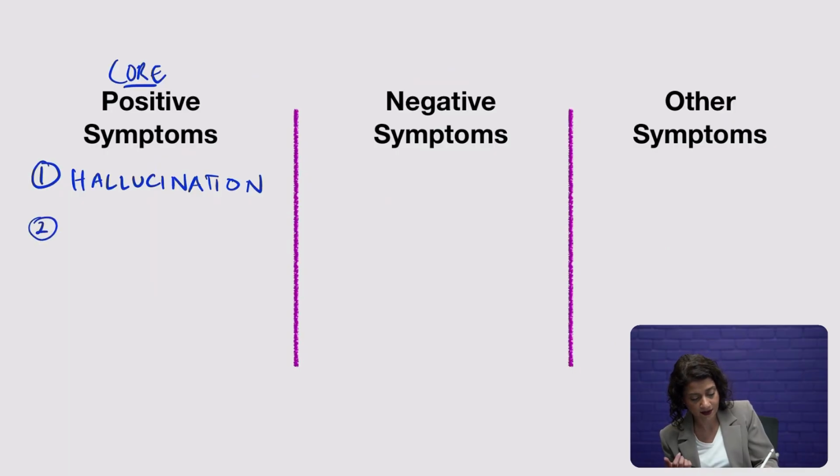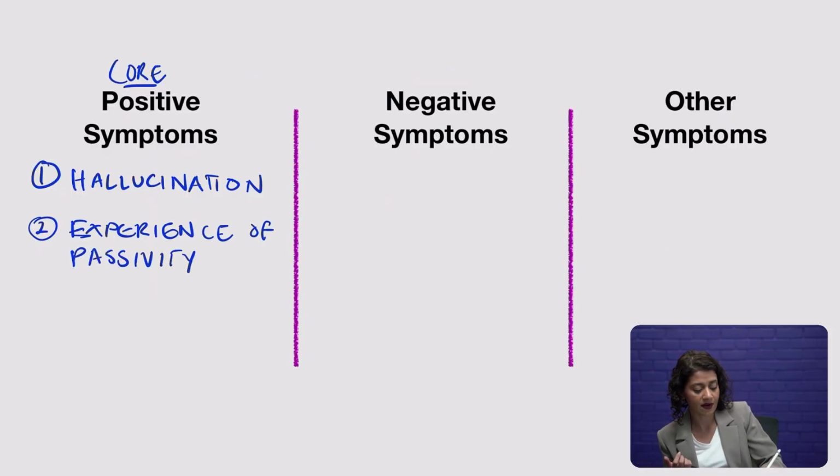The second one you need to know is the feeling or experience of being controlled by an outside influence. So let's just call it experience of passivity. Passivity is a state where you feel like you can't do anything, you have no control over anything. Then you've got delusions.